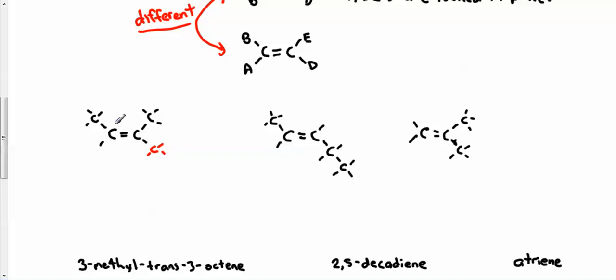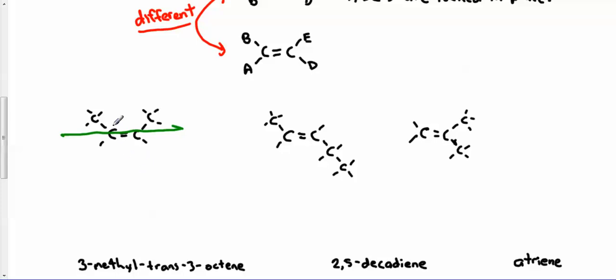And both of them would be 2-butenes, but they are completely different. This guy has these two things on the same side of the double bond. Same side of the double bond. They're up here. Not one up and one down like I had drawn a moment ago.